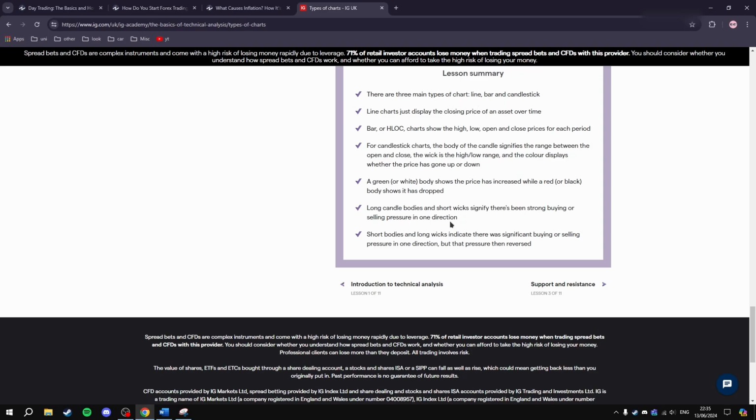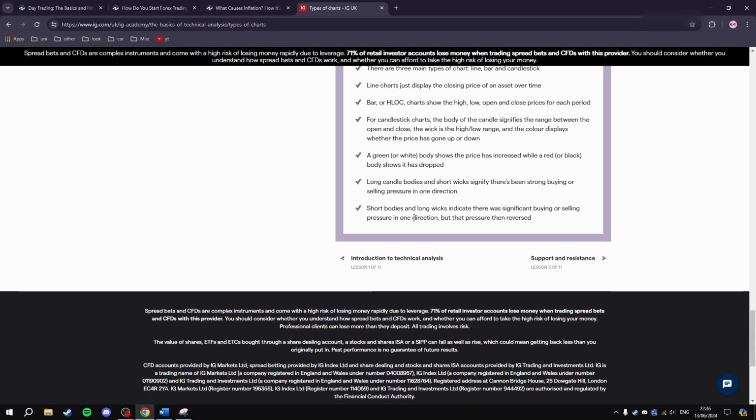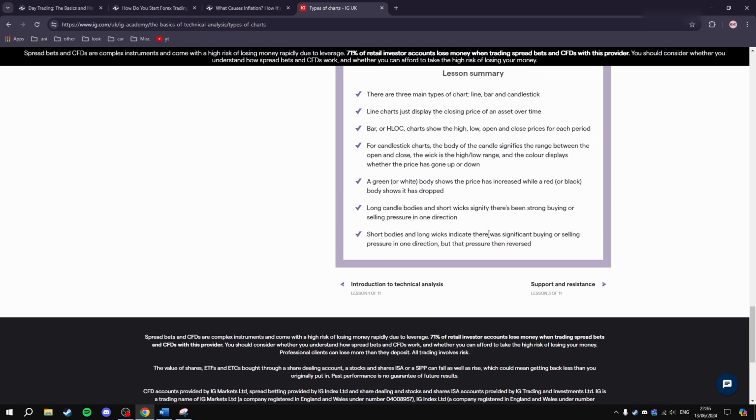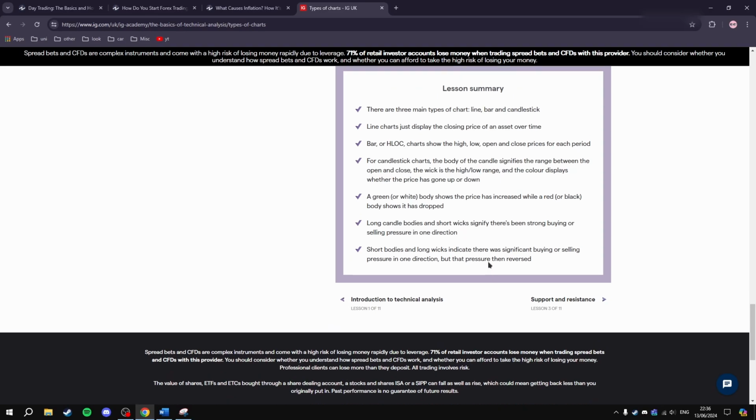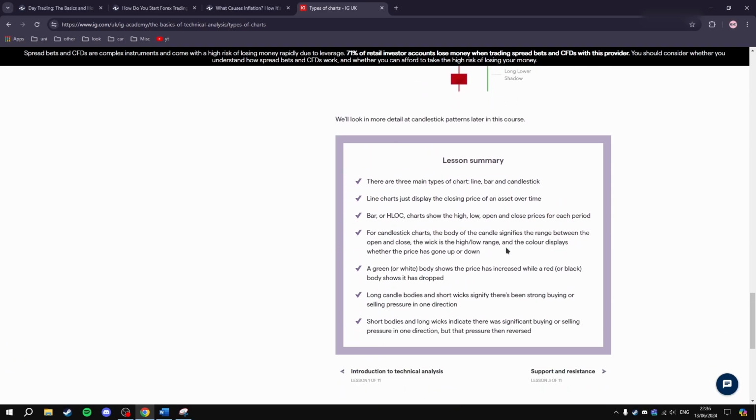A green or white body shows the price has increased, whilst a red or black body shows that it has dropped. Long candle bodies and short wicks signify strong buying or selling pressure in one direction. Short bodies and long wicks indicate significant pressure in one direction, but that pressure then reversed.